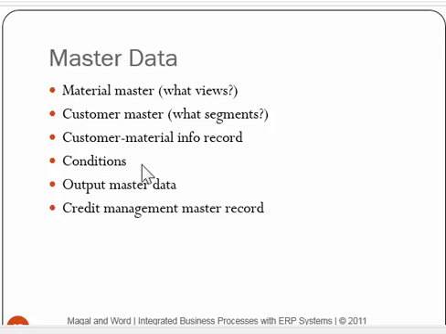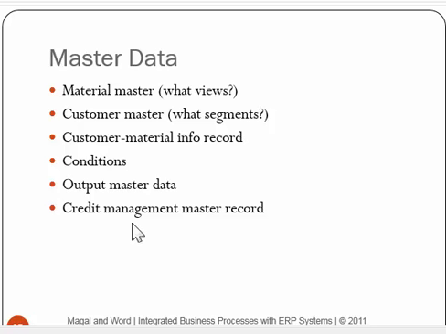The conditions for payment, the conditions for shipment, who pays for the shipping, and when are you supposed to pay, and do you get a discount or not? All of these are conditions that control our interaction with the customer. We have output master data, and this is just like for the printing, so you can actually ignore that.